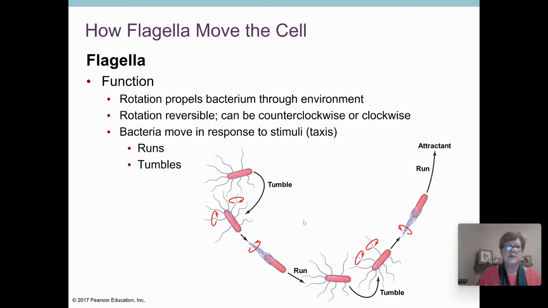For the typical type of flagella, in this picture, they're showing a peritrichous type of arrangement. But no matter what the arrangement is, the flagella actually turn like a propeller.